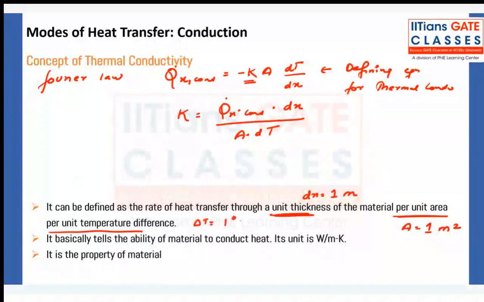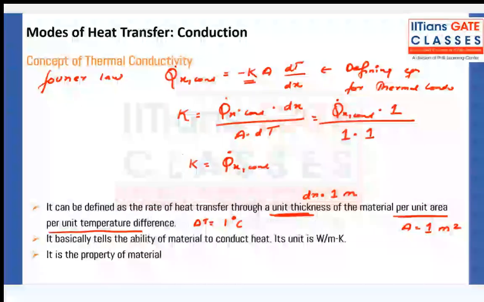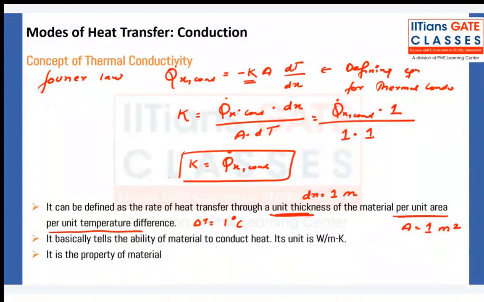So if I put this here, Qx conduction, always know that there is a dot here, 1 upon 1 into 1, so k is equal to thermal conductivity. That means if more heat transfer is happening, that means the rate of heat transfer is high.